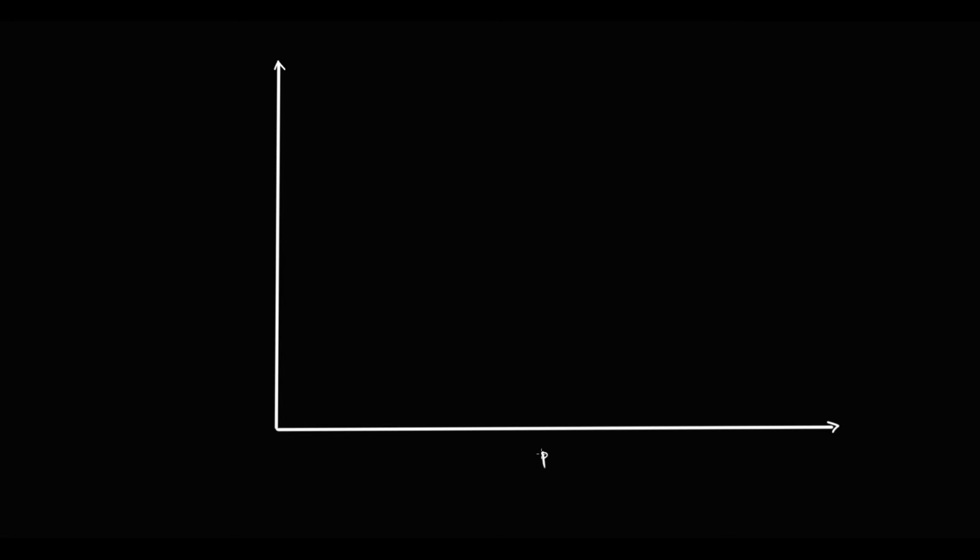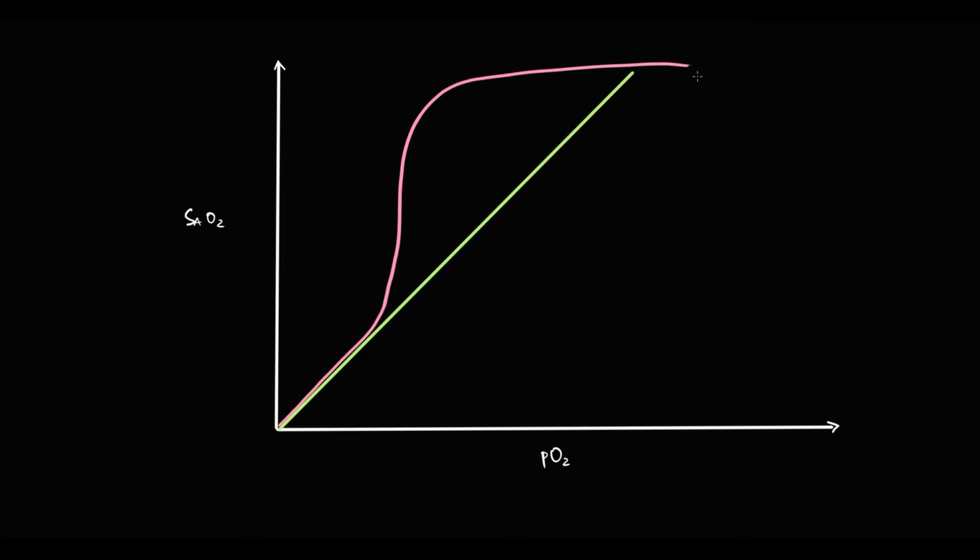So here is partial pressure of oxygen, and here is oxygen saturation. For comparison, let's suppose that without positive cooperativity, partial pressure of oxygen and oxygen saturation have a linear relation. And this purple curve is how oxygen dissociation occurs in real life due to the positive cooperativity.